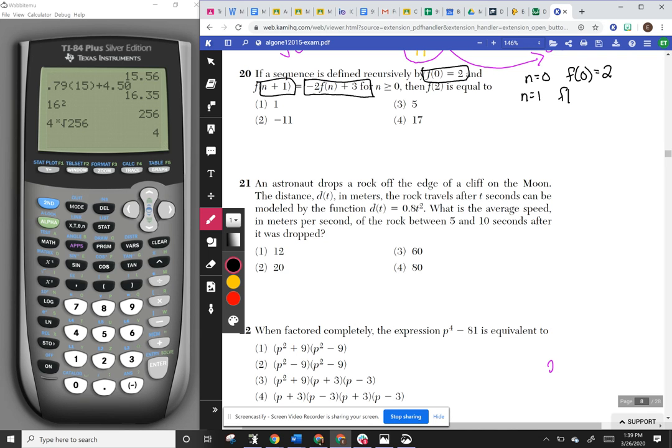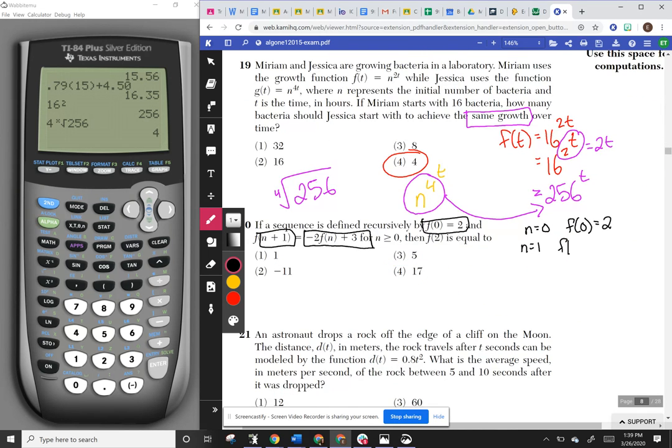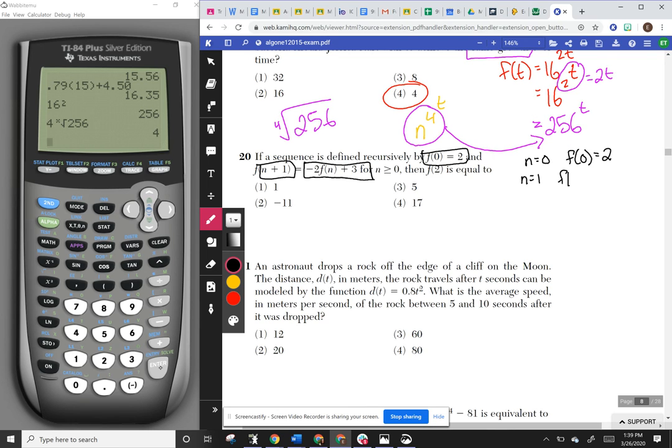To find f of 1, that is going to be f of 0 plus 1, which is negative 2 times f of n, and in this case our n is 0, plus 3. And based on the step before, we know that f of 0 is 2. So we get negative 2 times 2 plus 3. Negative 2 times 2 is negative 4. Plus 3 is negative 1.